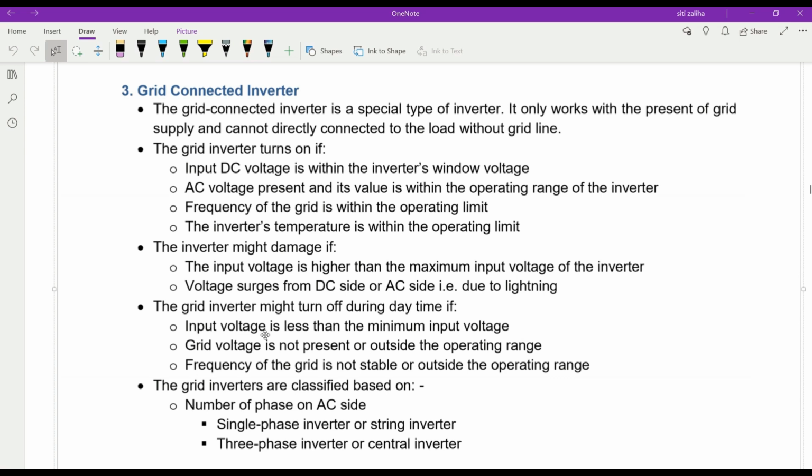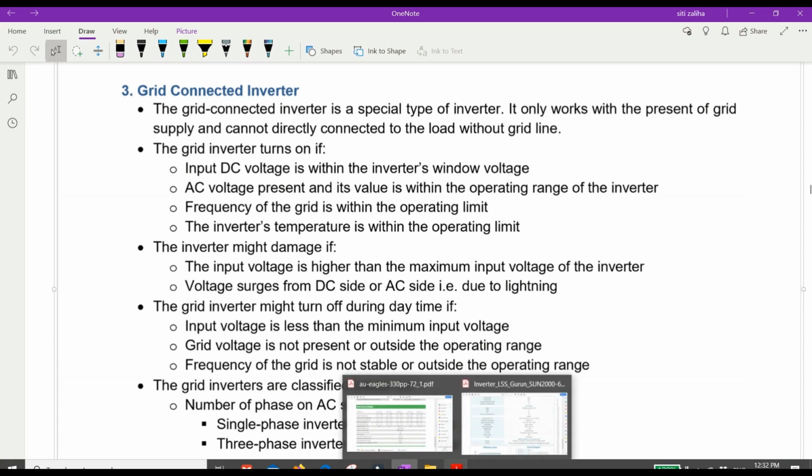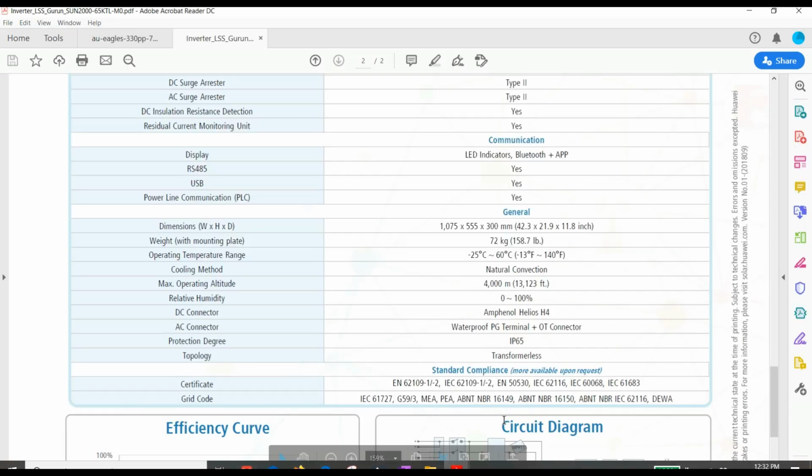So the input voltage is less than the minimum input voltage. The grid voltage is not present or outside the operating range. The frequency of the grid is not stable or outside the operating range. So for the Huawei, the minimum input voltage is 200 volt. Okay, we refer back.